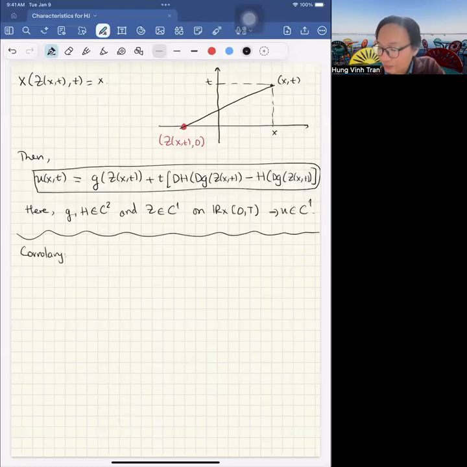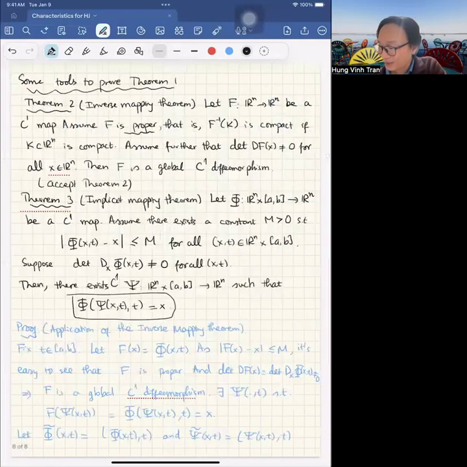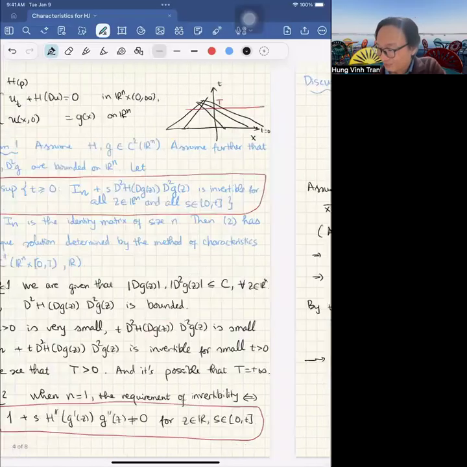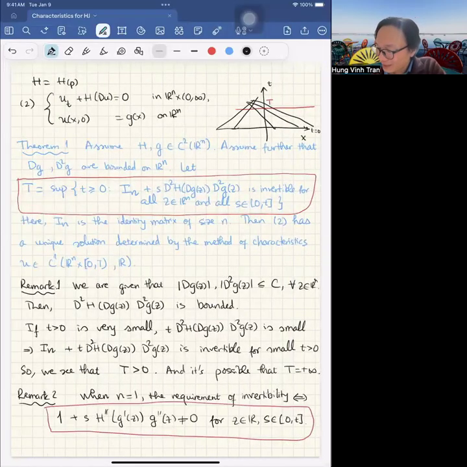Corollary for the theorem. So let me recall the theorem. It has been so long. The theorem was that, for this red box, the first red box here, provided that the map is always invertible, then we can still define capital T. There's a remark saying that in some cases capital T can be infinity.